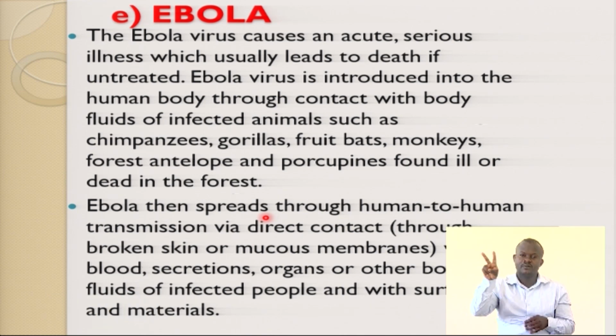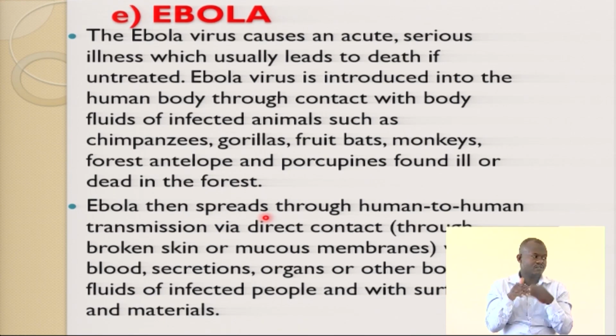The Ebola virus is introduced into the human body through contact with the fluids of infected animals. Once you get in contact with these fluids from infected animals, you are likely to suffer from Ebola. These are some of the agents that can cause Ebola. We have the chimpanzee, we have gorillas, we have bats, these bats that normally feed on fruits.